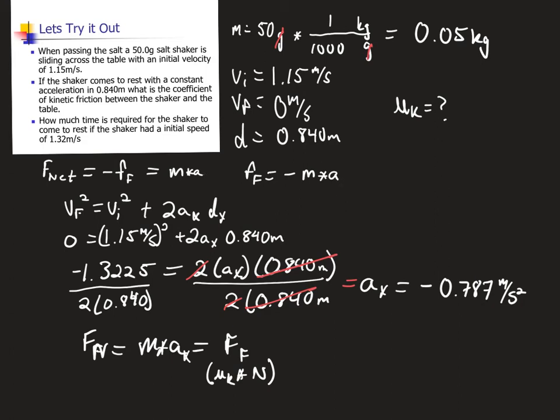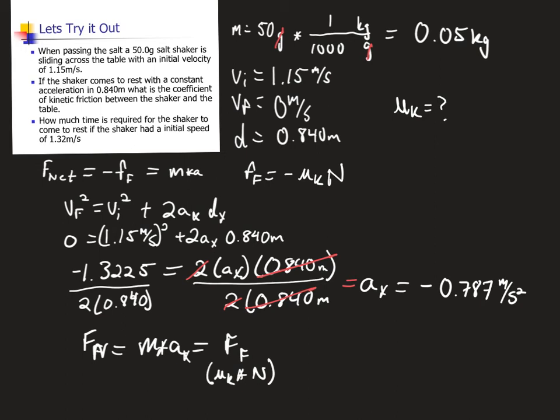I apologize for that. The frictional force is not mass times acceleration. The frictional force is mu sub k, so I might have miswrote that. The frictional force is a negative mu sub k times the normal force. That looks better.